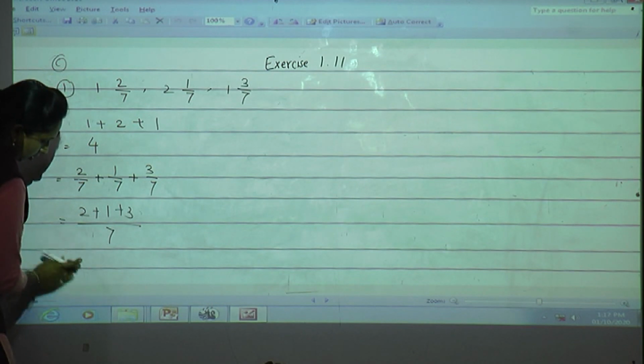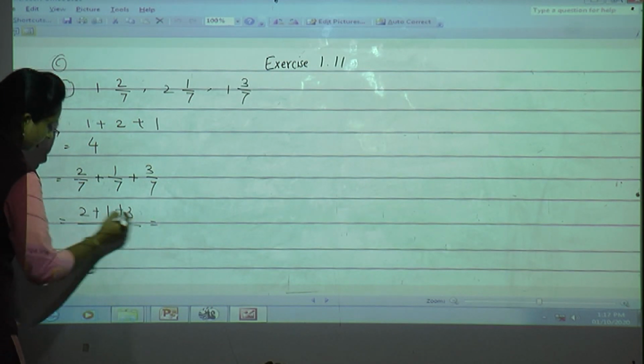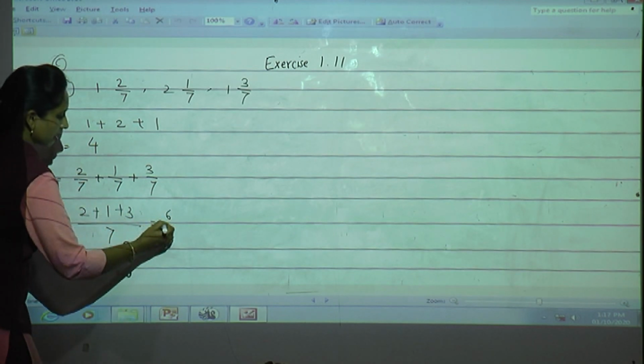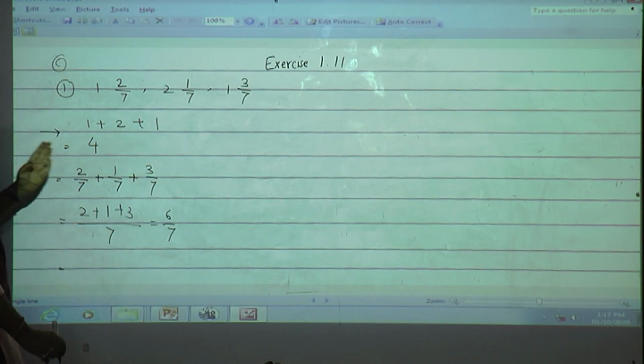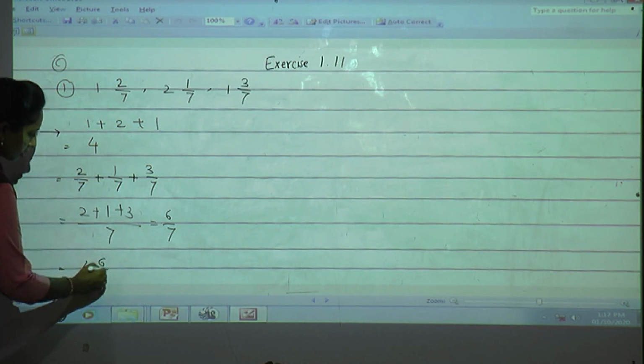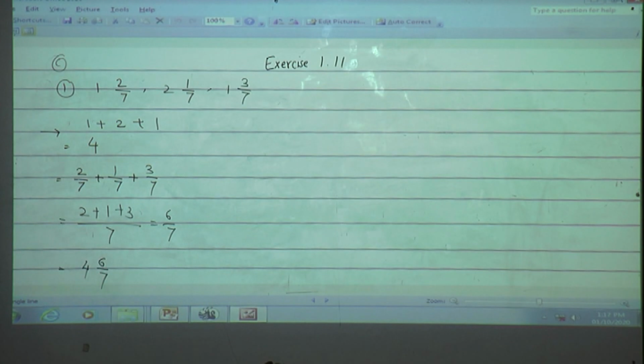What is 2 plus 1 plus 3? 2 plus 1 is 3, 3 plus 3 is 6. 6 by 7. So write whole number first: 4, 6 by 7. Clear? See, very easy. Now next example I'll solve.